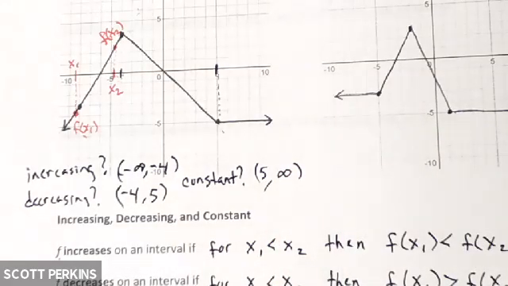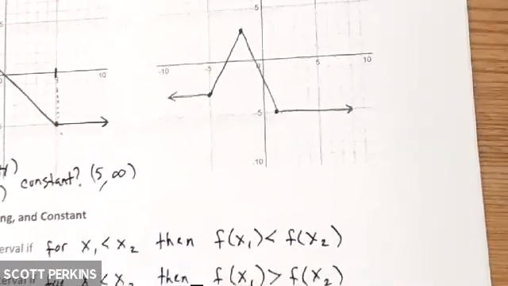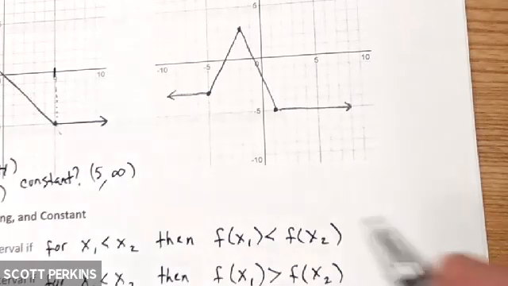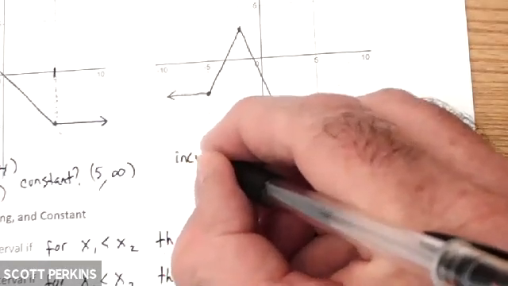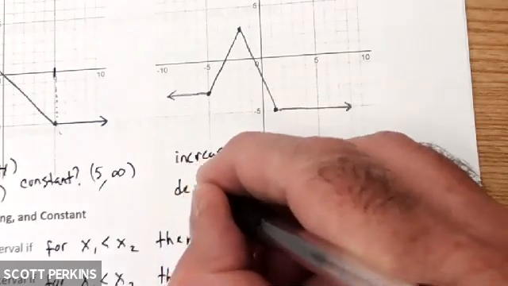What I would like you to do, example 6. The question is this: list the interval or intervals, if there's more than one, where this function is increasing, decreasing, and constant.